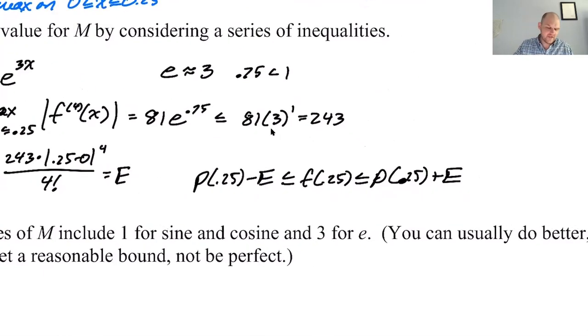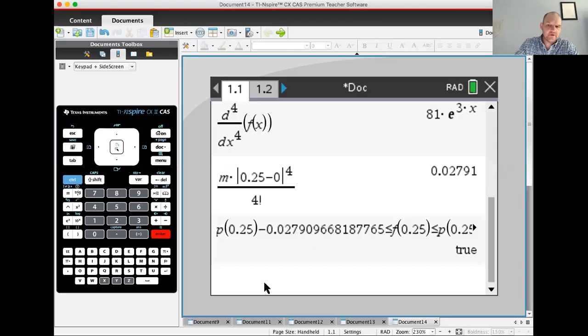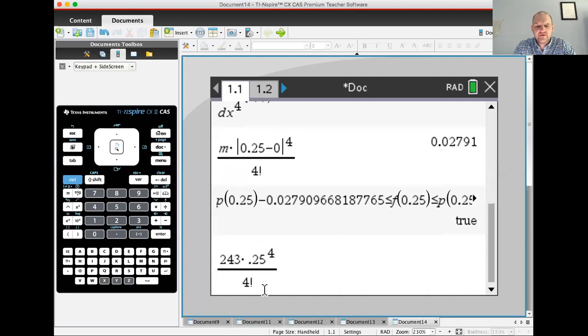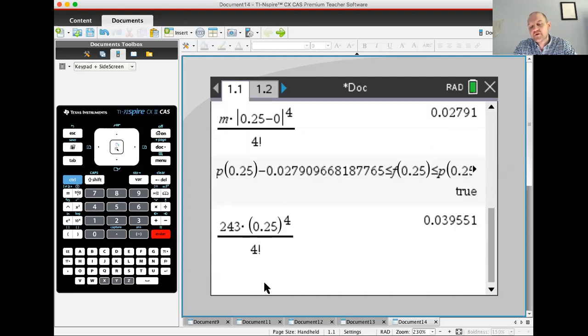So that's your goal, to be able to set this up. Let's see how this compares. It's obviously going to work, because 243 is bigger. Let's see how the error worked out though. My error would have been 243 times 0.25 to the fourth over 4 factorial. That would have been my approximation of the error when I use the calculator's version of m, which we couldn't find anyway.